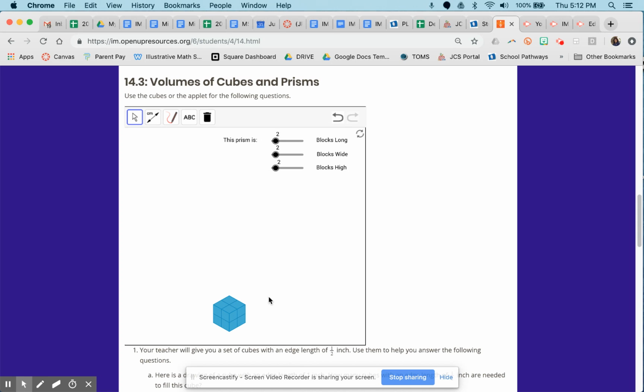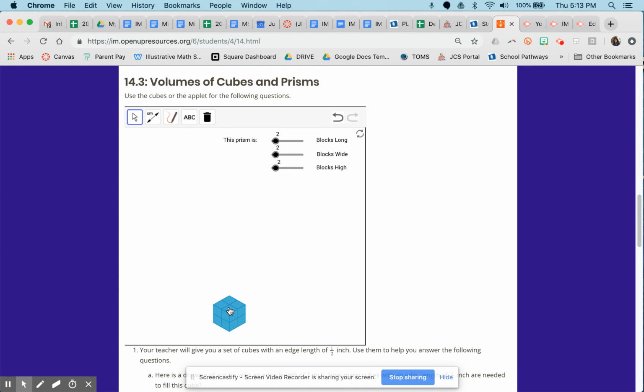This now is a 1 inch cube that has all of the 1/2 inch cube blocks in it. And they're asking you how many 1/2 inch cubes would we need to fill the 1 inch cube? Well, I have 1, 2, 3, 4 cubes on top, and I would have the 1, 2, 3, 4 cubes on the bottom as well.